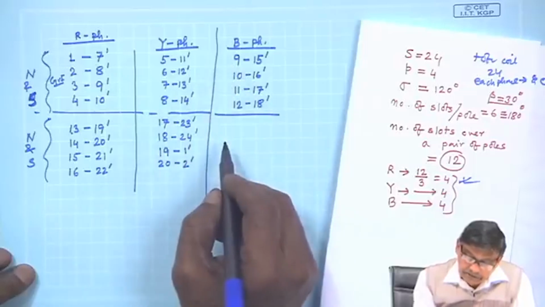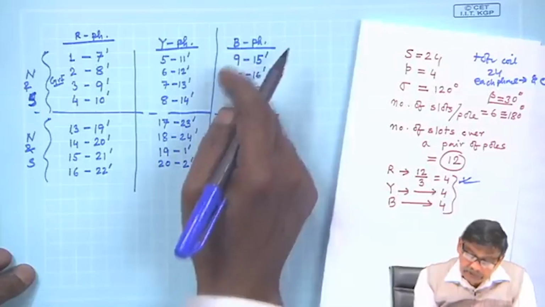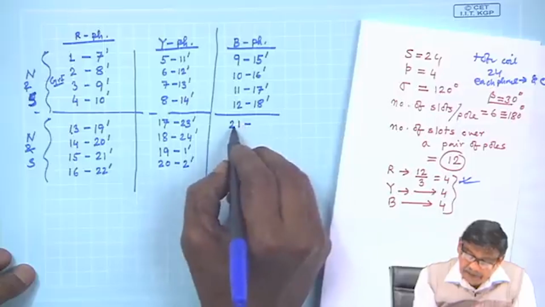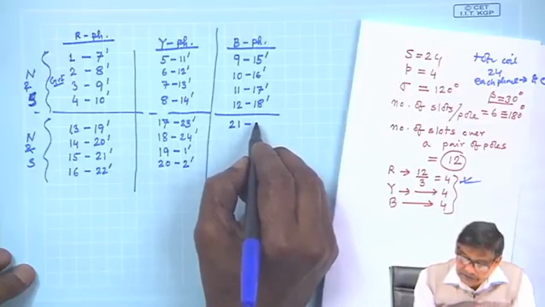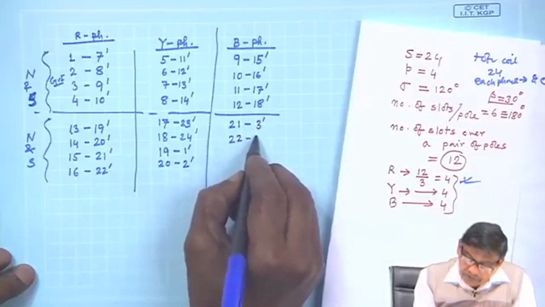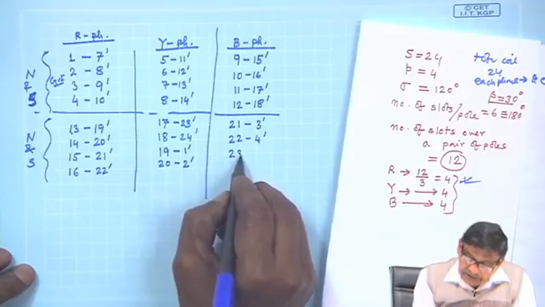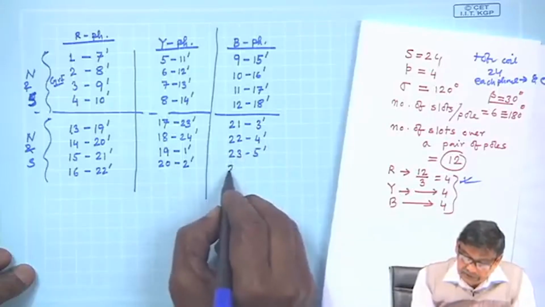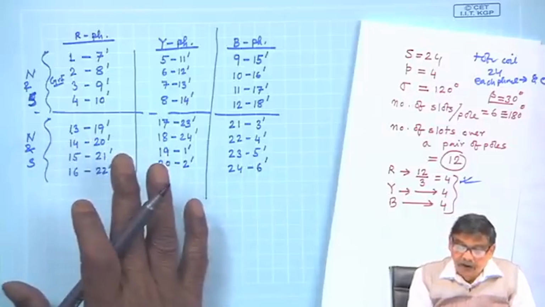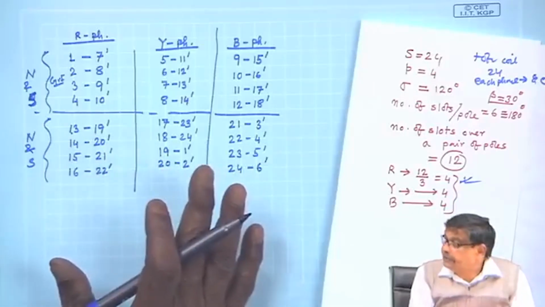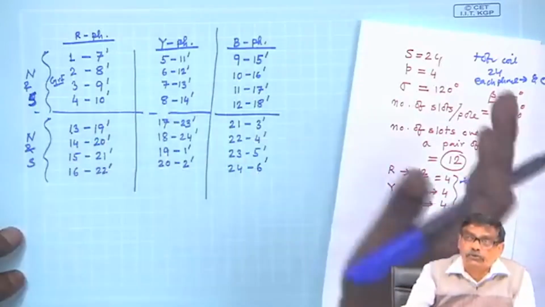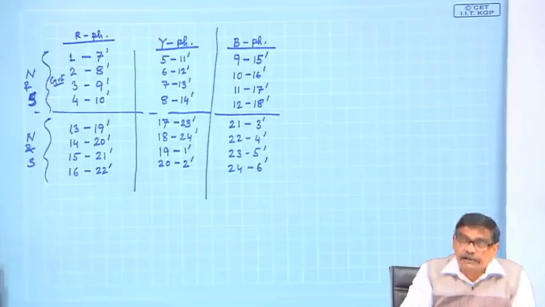Therefore, 9 plus 12, 21, and then 6, 27 dashed, 27 dashed means 3 dashed, then 22, 4 dashed, 23, 5 dashed, and 24, 6 dashed. And you will see all the coil sides will be in place if you want to carry on this winding. You can now go to that slots arrangement and find it out.